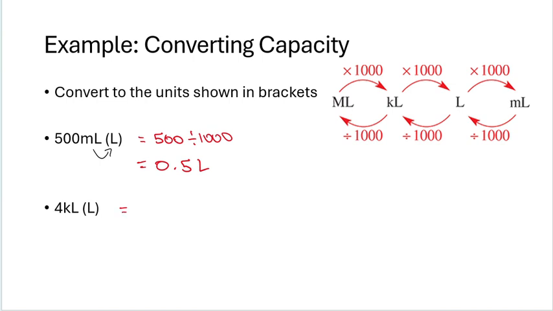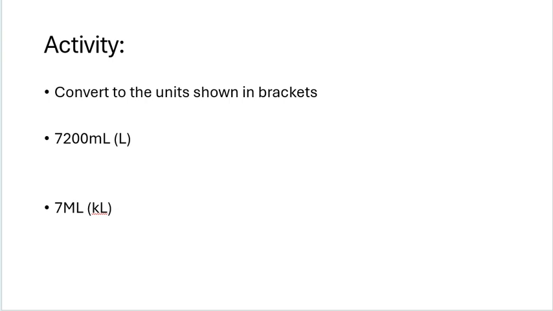The next thing that we need to convert is from kiloliters to liters. So to go from kiloliters to liters, I am going to multiply by 1000. So 4 times 1000, that just equals 4000 liters. Very straightforward. Try this out for yourself, okay?